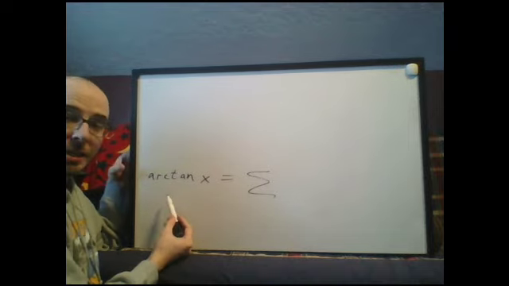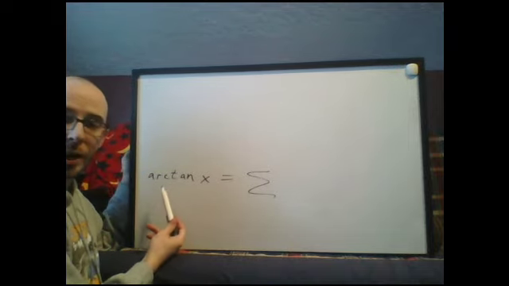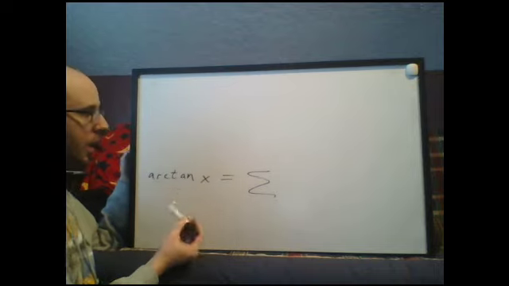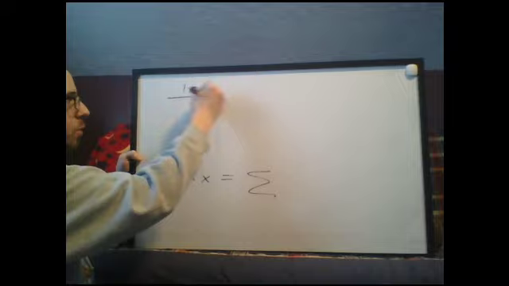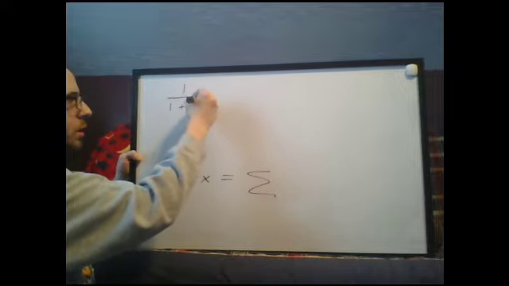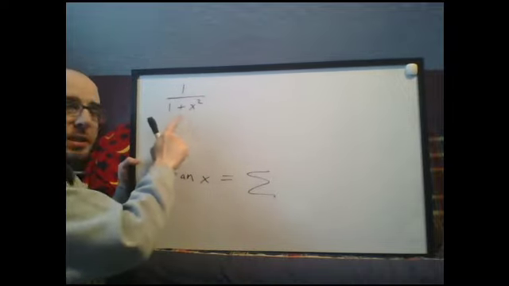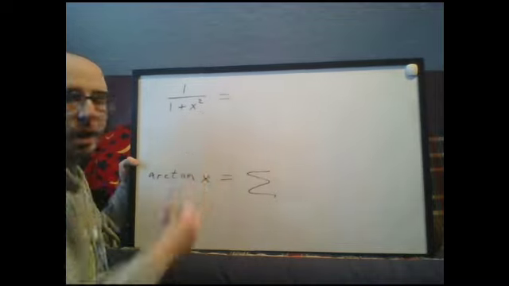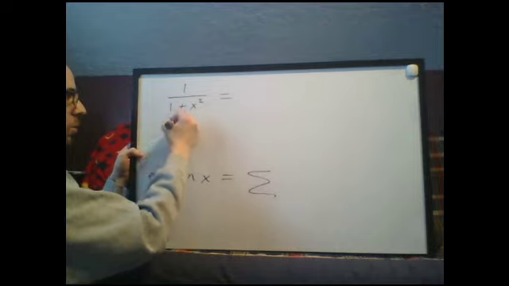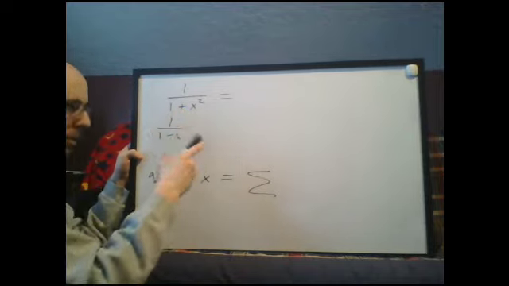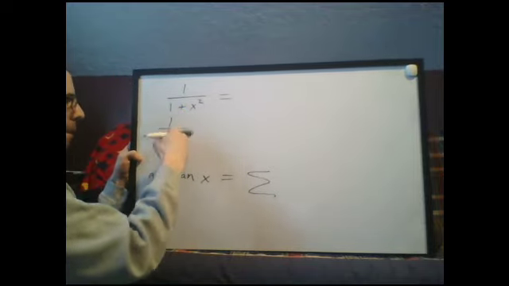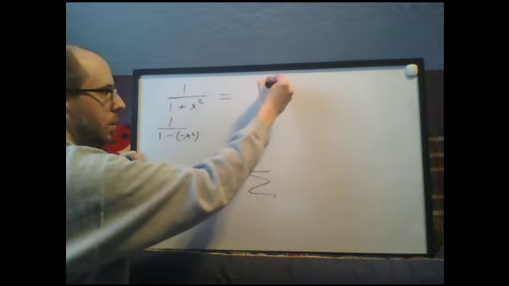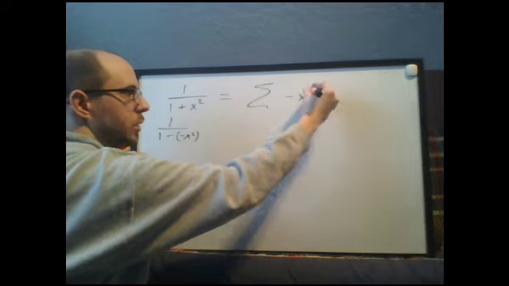Well, I need to turn this into something that's similar to one I already know. Well, if I take the derivative of this, I get 1 over 1 plus x squared. This is close enough to our basic power series that we can write it out. So this is 1 over 1 minus negative x squared. So that's negative x squared to the n.